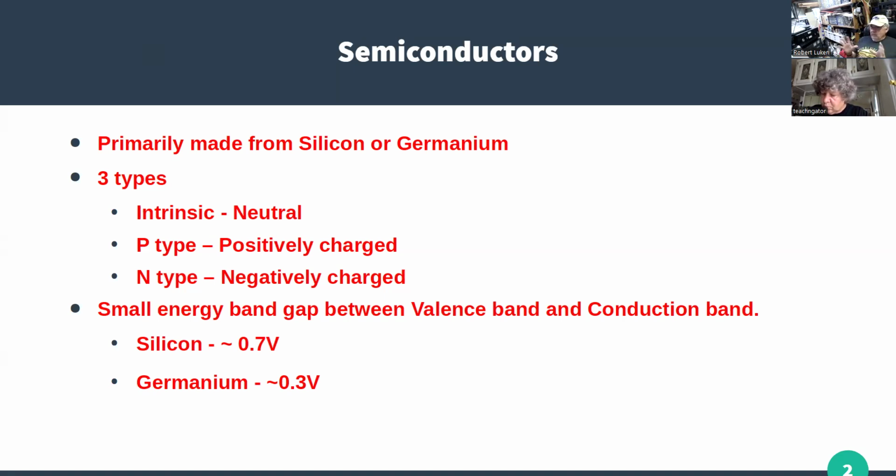And it has a very nice crystalline structure because it has four electrons in its outer shell, and they will combine with the other atoms and make what we call covalent bonds, and it makes a really nice crystal.